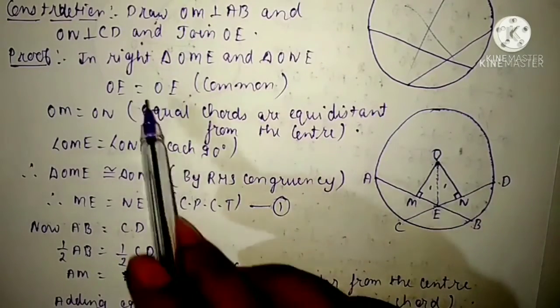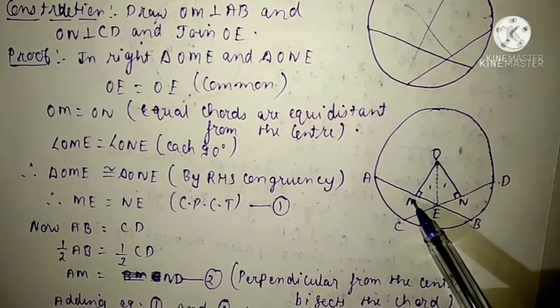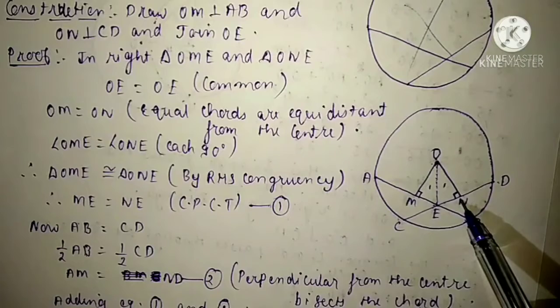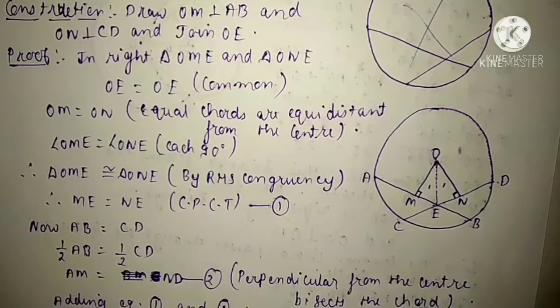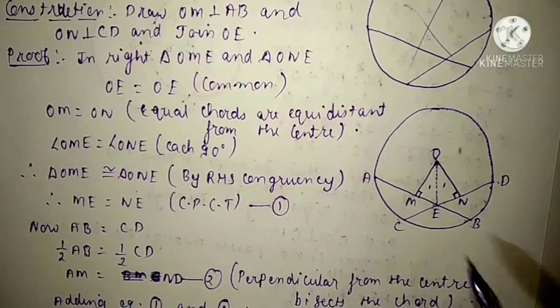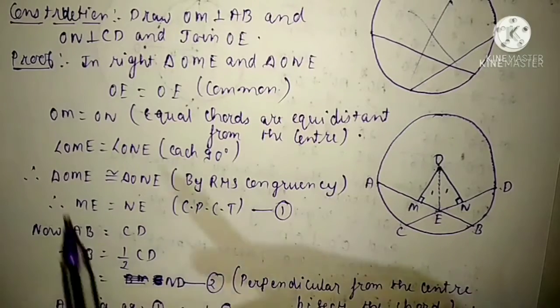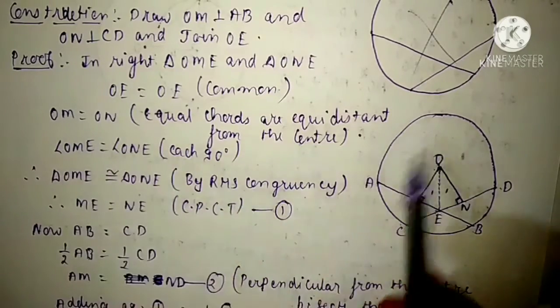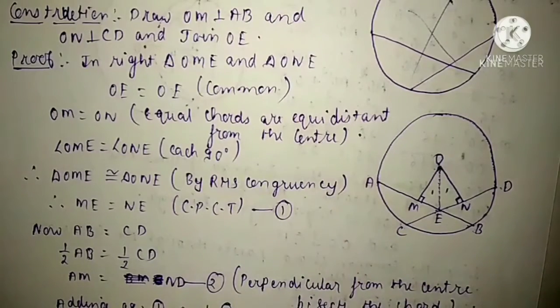And then OM is equal to ON. Why? Because these two chords are equal, and we have studied the theorem that equal chords are equidistant from the center.